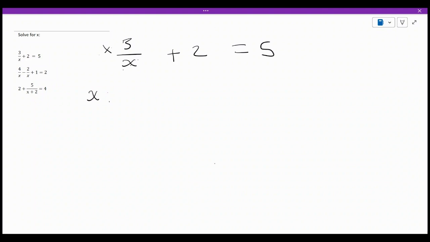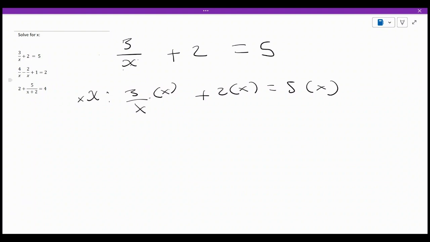So how can I do that? You multiply every term with the denominator that you're trying to cancel. So you're trying to cancel x, which means you're going to multiply every term by x. And then this x will go away eventually. Okay, so we're going to have 3 over x multiplied with x, plus 2, which is multiplied by x, and 5, which is multiplied by x.